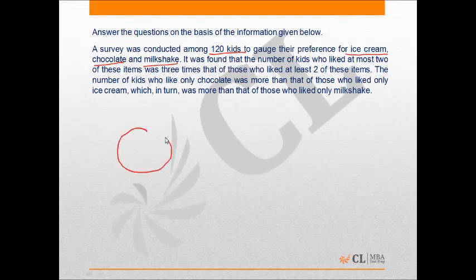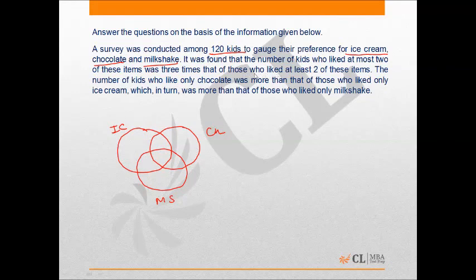So let us draw a 3 variable Venn diagram first. Let us take this as ice cream, this is chocolate and this is milkshake.